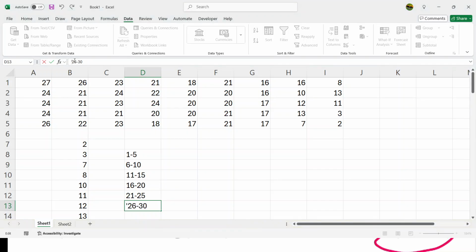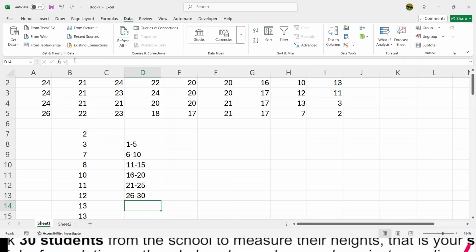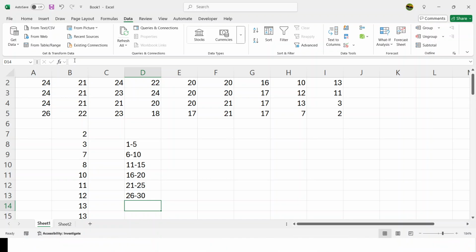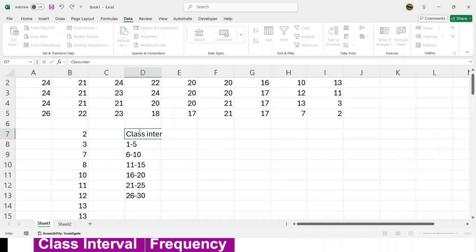So this frequency table will have those classes. That's the first step: to come up with these class intervals.